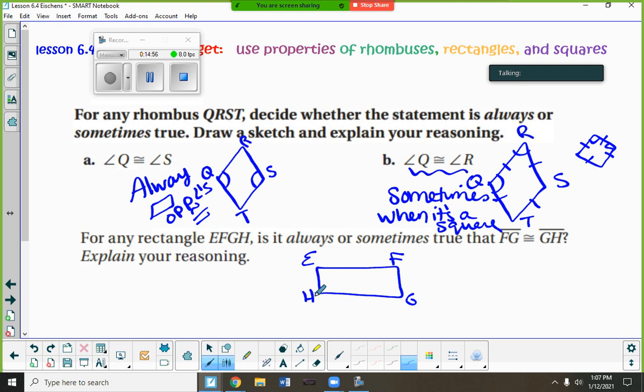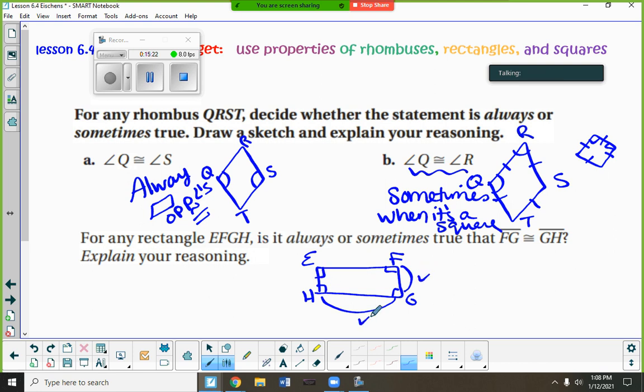Is it sometimes or always true that FG, which is this side, and GH are congruent? Well, by the way I drew it, it's not always true, because in that figure it certainly is not. But could those two be congruent? And if so, when? We know that it's a rectangle. In what case would this side and the side next to it be congruent?